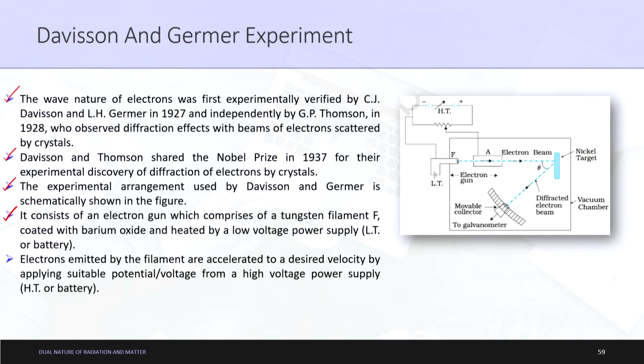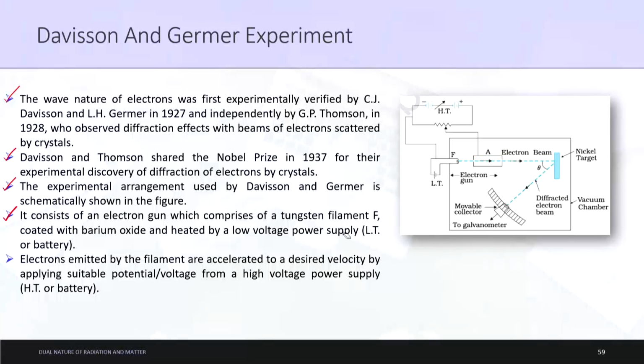This acceleration is done by providing a suitable potential from a high voltage power supply. So this closed circuit is used for accelerating the electrons, and the low voltage power supply is used to glow the tungsten so it can do its work. Let us move on.